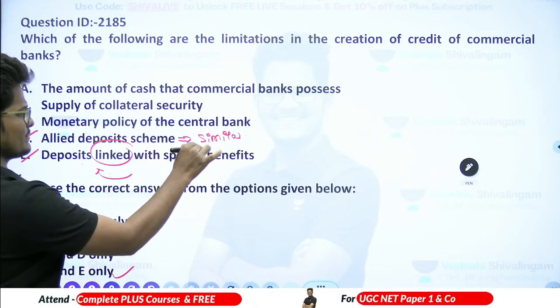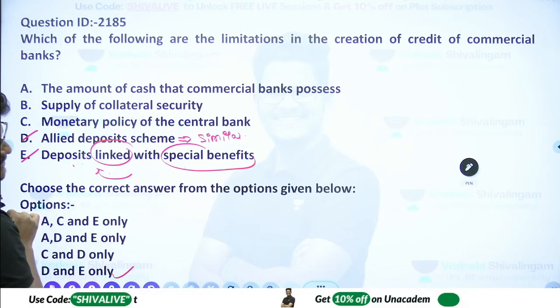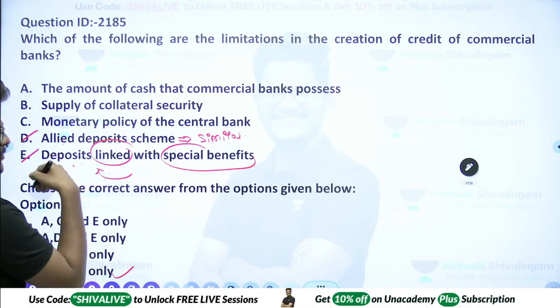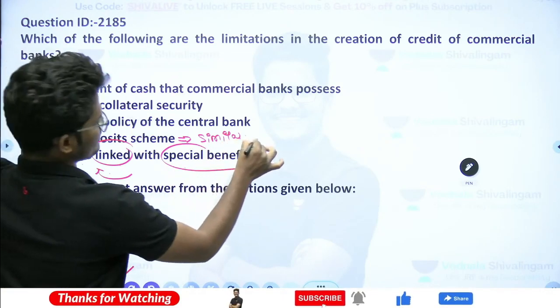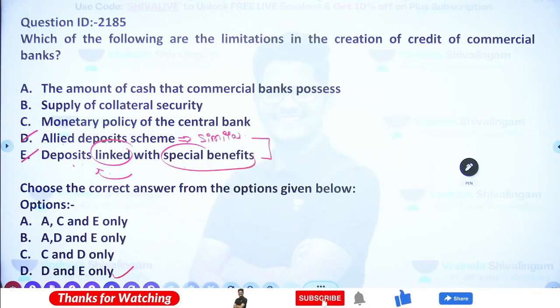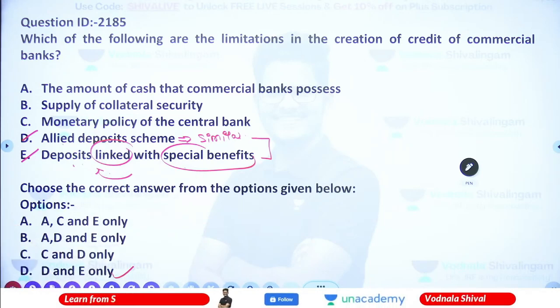You are taking a deposit and spending money on giving the special benefit only. Here also you are taking a deposit, but already similar types of schemes are available. In both of the cases, the amount is getting utilized then and there. It is not creating any facility for giving loans by the banks. That's why.